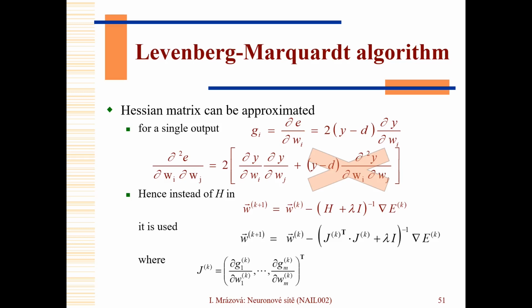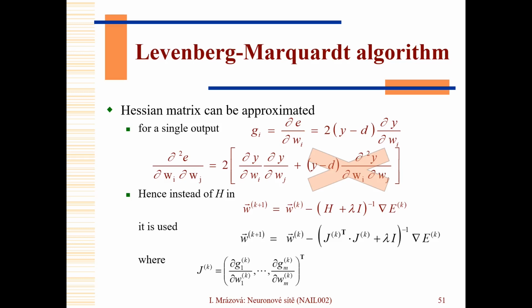So instead of the real Hessian matrix H, we will use an approximation just by taking into account the first term for the computed approximation.